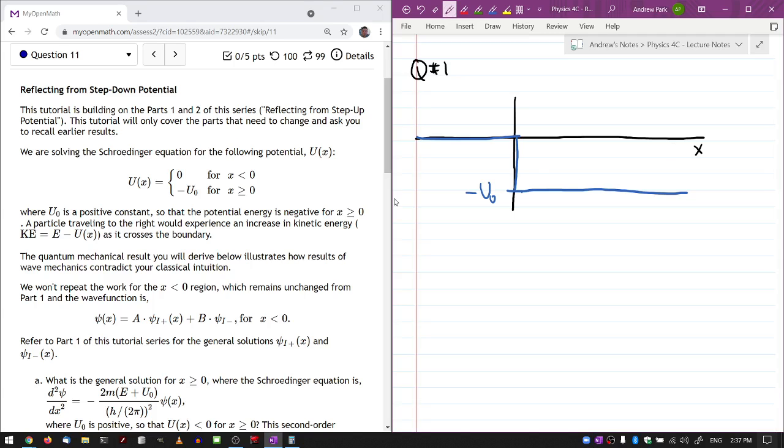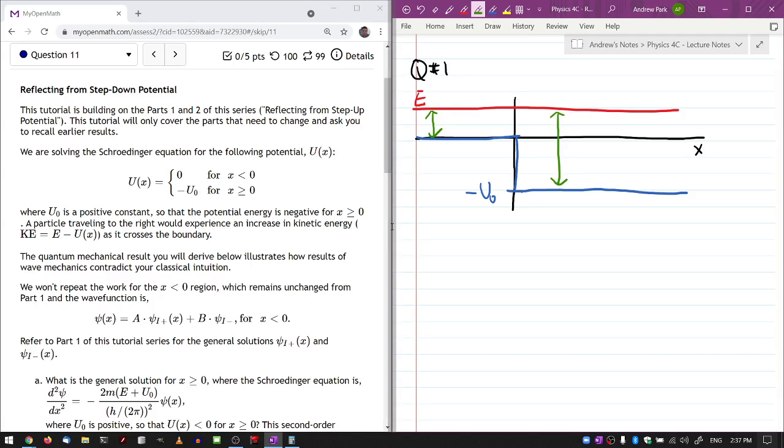A particle traveling to the right would experience an increase in kinetic energy. So if I have a particle of some energy E coming in, the kinetic energy is this difference here. And as it goes across this step down in potential, kinetic energy would increase.